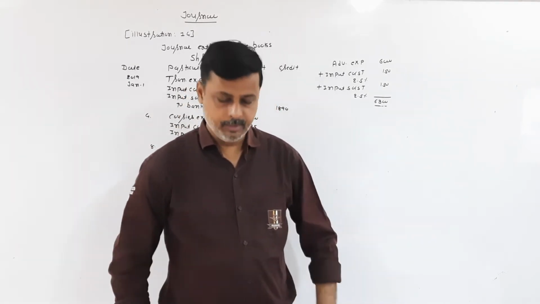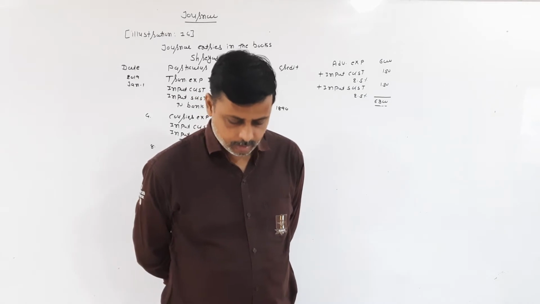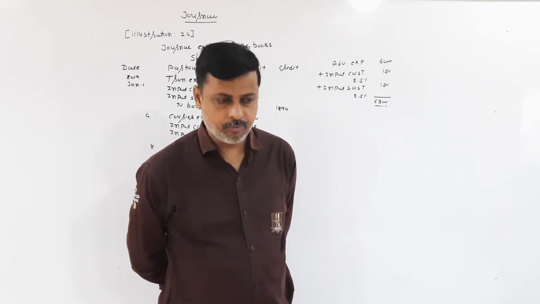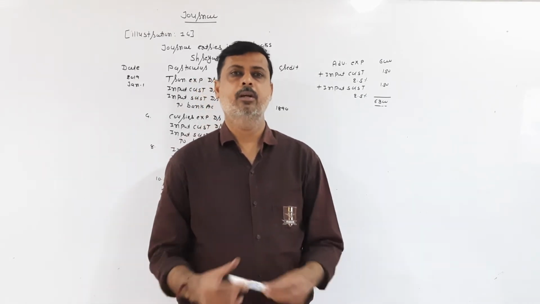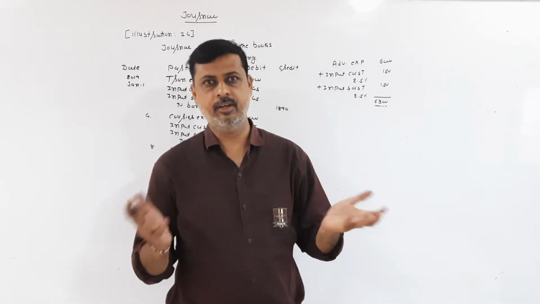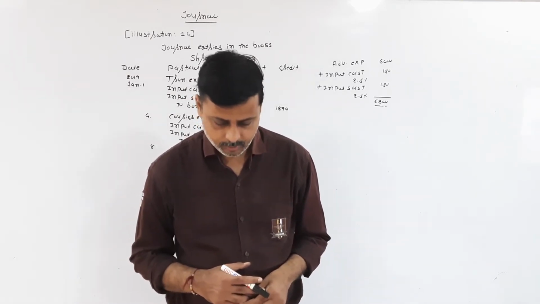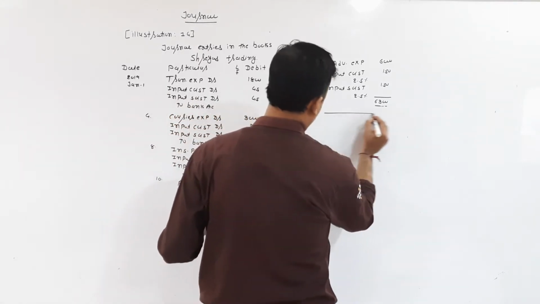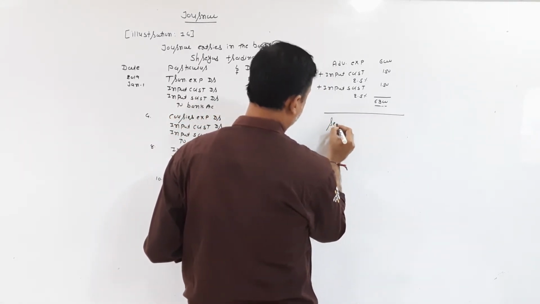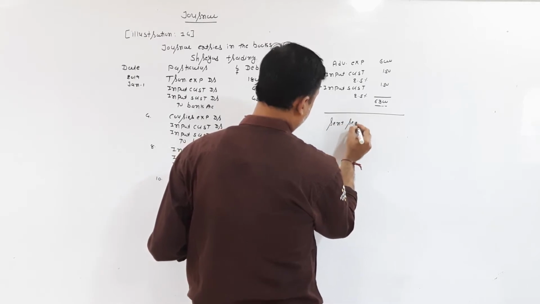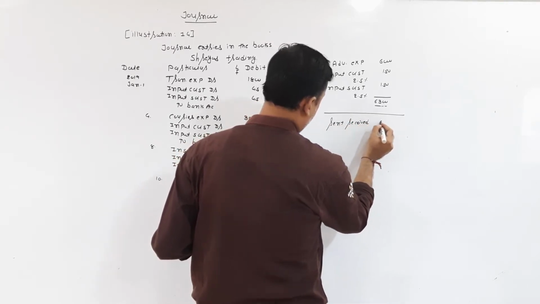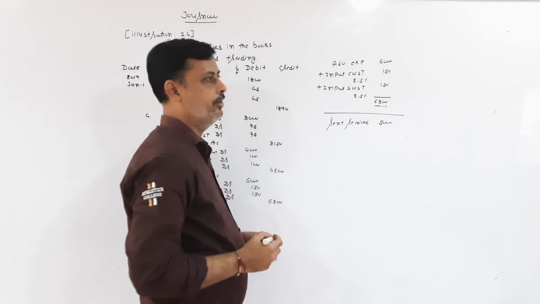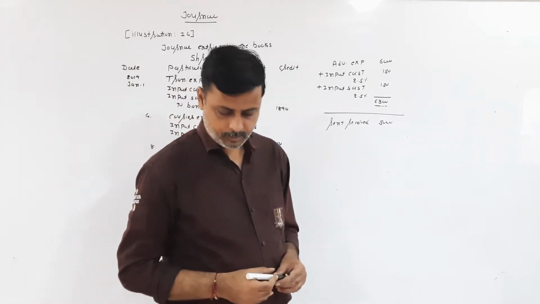Now 18 number, rent received by check 5,000. Here rent received, that is our income, 5,000 received. So rent received 5,000.